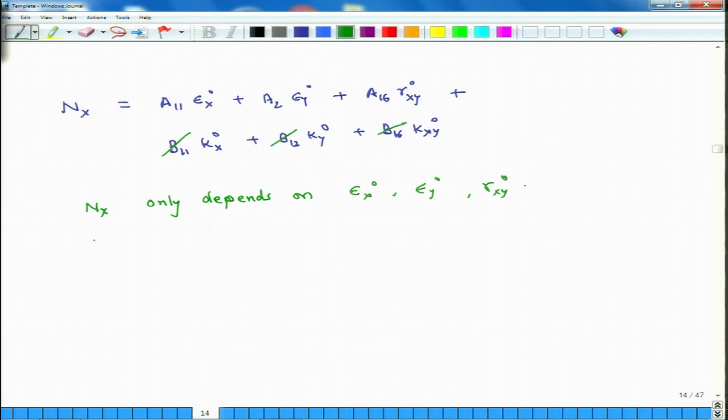Similarly, nx, ny and nxy, we can say the same thing about all the n's.